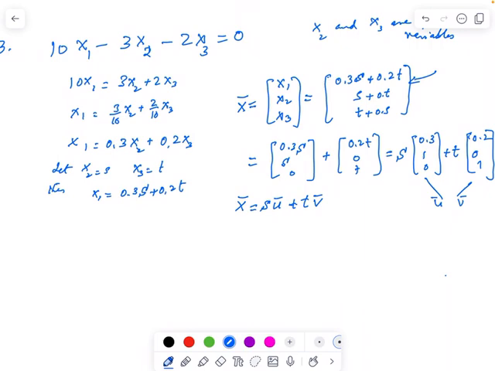So if you recall from before, what is the solution? The solution in words is all vectors that can be written as a linear combination of u and v.